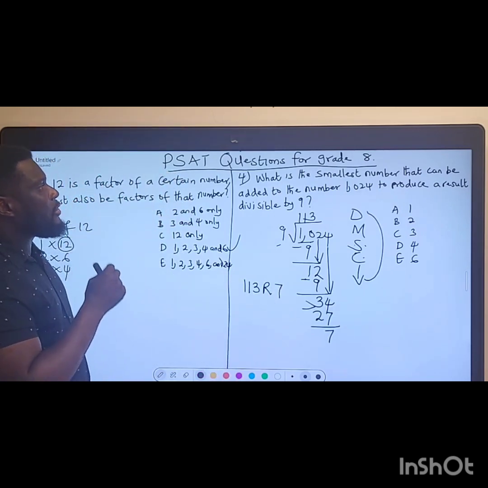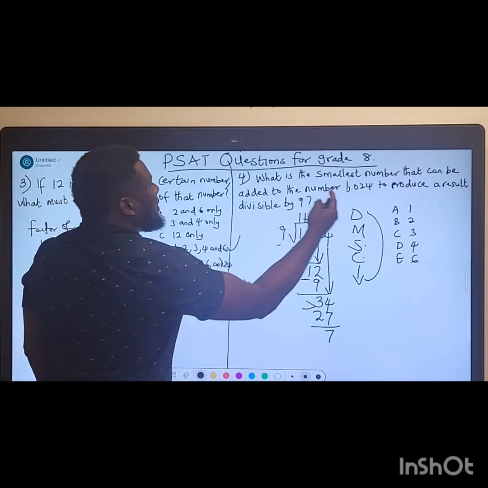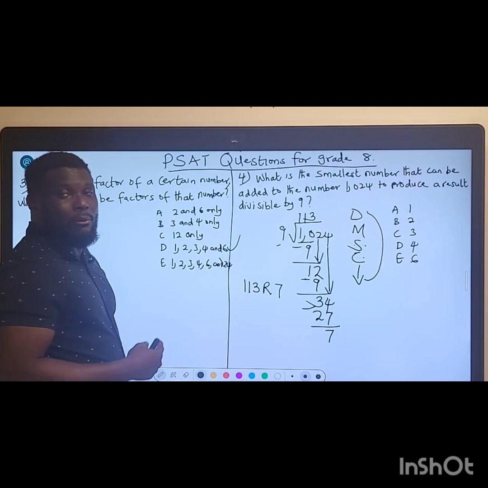Remember, they said, what is the smallest number that we can add to this number 1024 to produce a result divisible by 9?